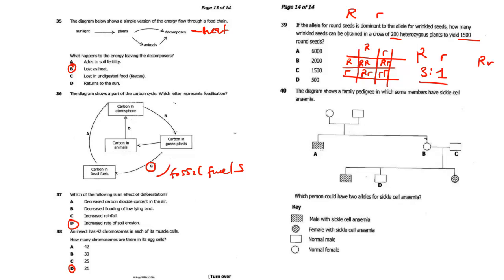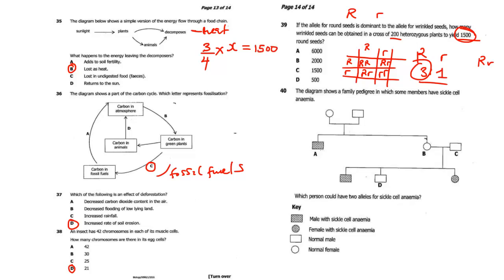Here we are given that 1500 is for round. Now they want us to find the wrinkled one. How do you do it? The total ratio is 4, and 3 is for round, so 3 over 4 multiplied by the total, which we don't know. We can put x, equals 1500.